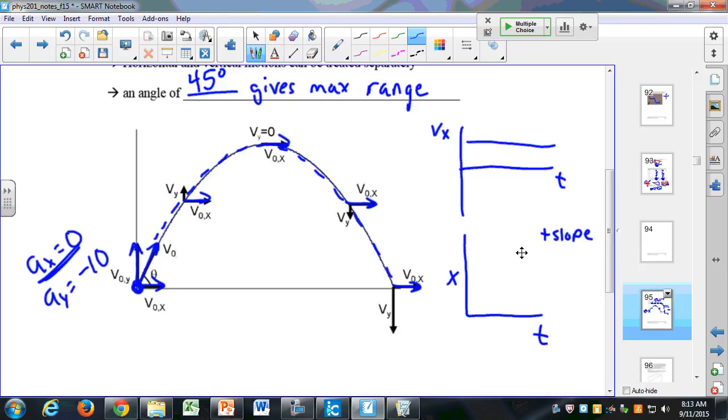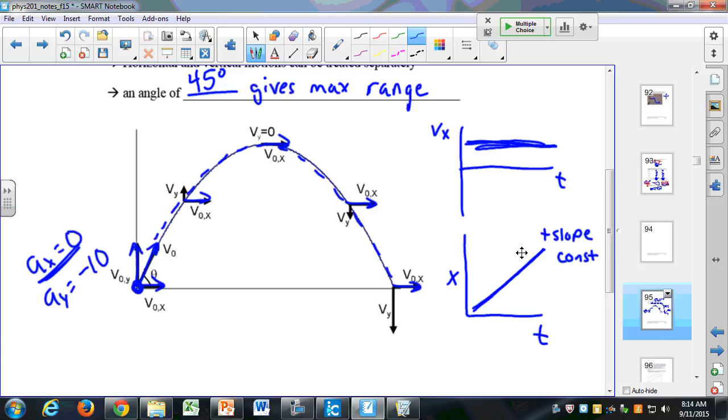So the slope is going to be increasing, decreasing, or constant. The slope is going to be constant. So my slope here will be positive and it will be constant. That's for the x direction because the slope of this graph gives the velocity, and the velocity is constant, so the slope is constant. All right.